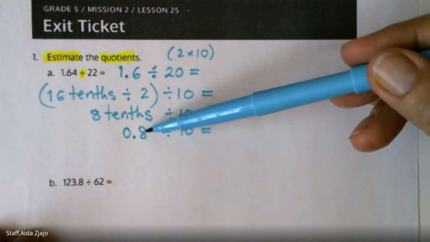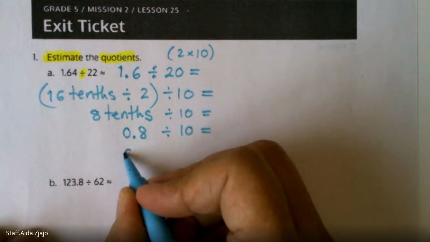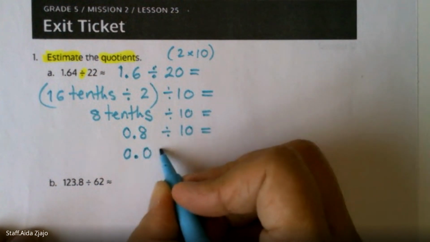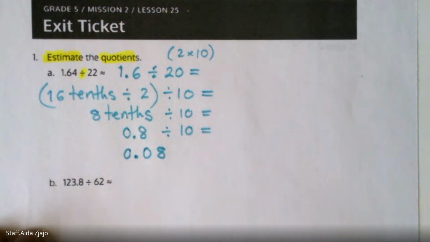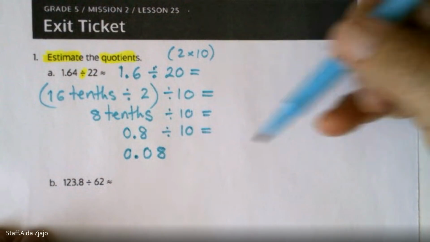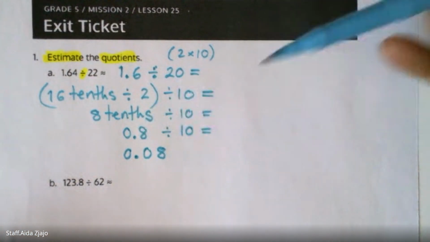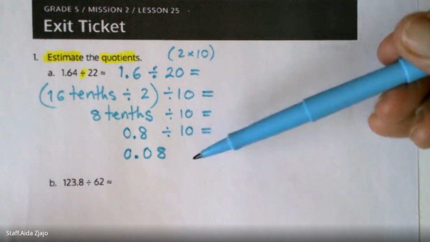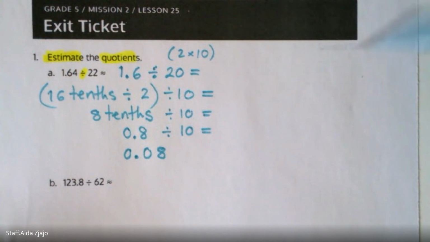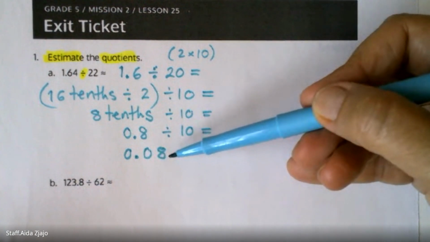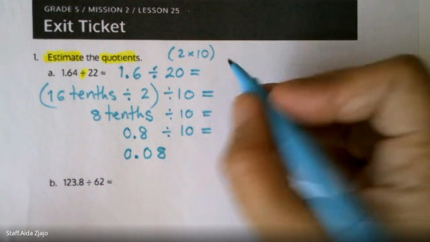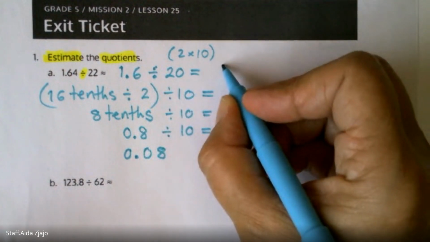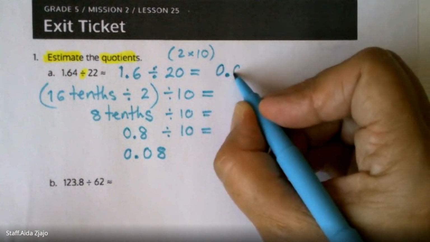So if I have 8 tenths, that will become 8 hundredths if I divide 8 tenths. Also, you can think of this 8 tenths as 80 pennies, and 80 pennies divided into 10 is 8 pennies in each group. When you think what is 8 pennies or 8 cents, 8 cents is 8 hundredths. So my estimate for this problem is going to be only 8 hundredths about.